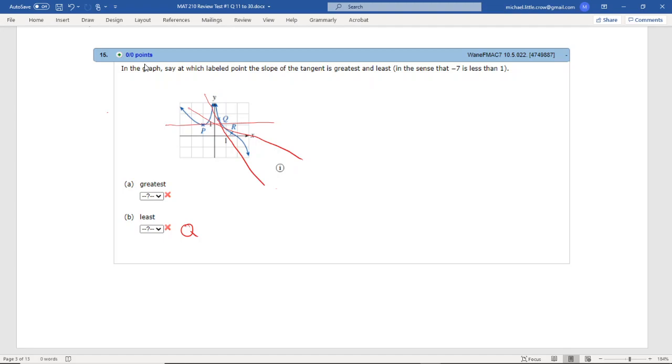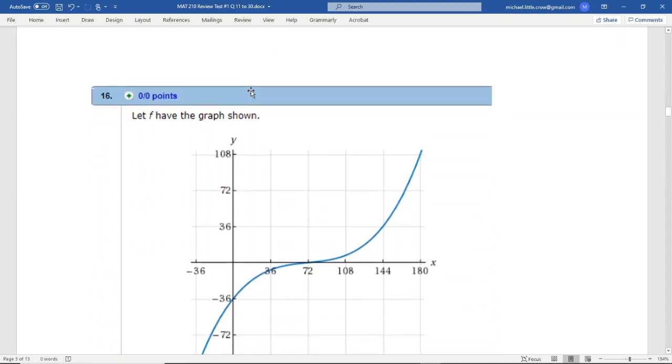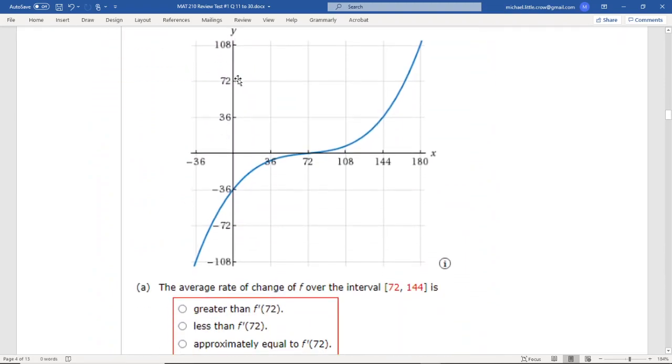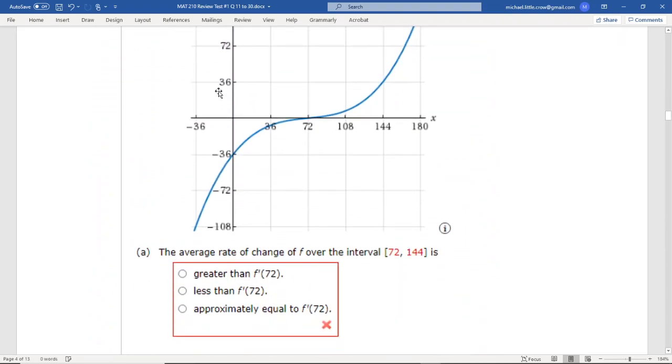The greatest would be P, in that it's equal to 0. The slope of the tangent line is equal to 0. We can compare those, but you just have to see which one's going to be more steep. So then we've got this graph. The average rate of change of f over the interval 72 to 144.